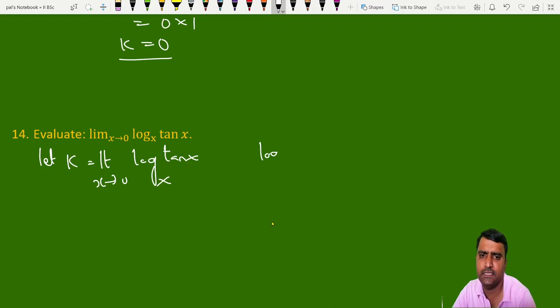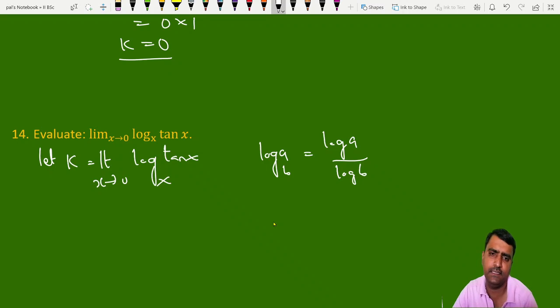I think you know that log a to base b can be written as log a to base e divided by log b to base e. It is a very familiar result. Similarly, we can write this as k equal to the limit as x tends to 0.